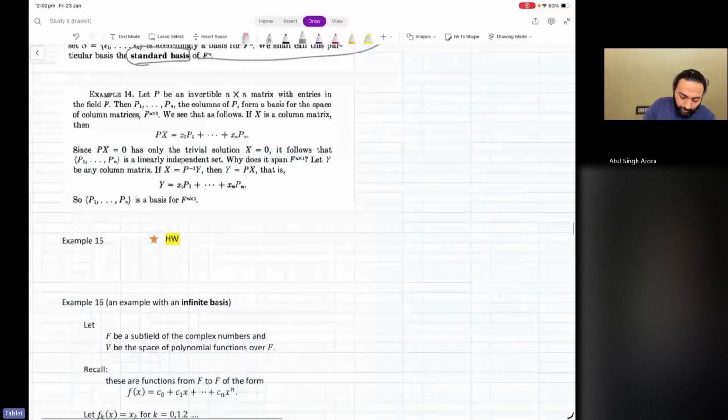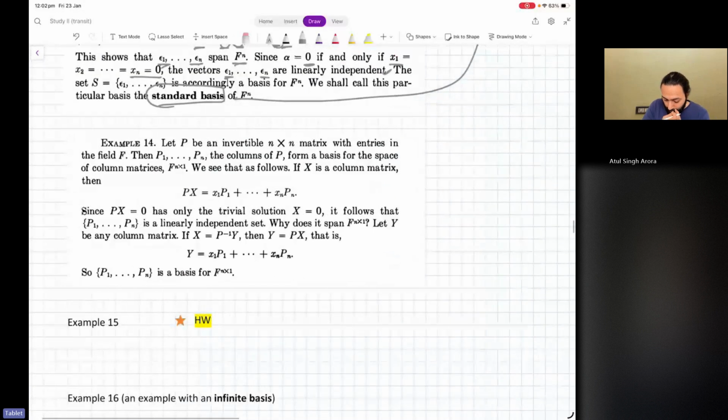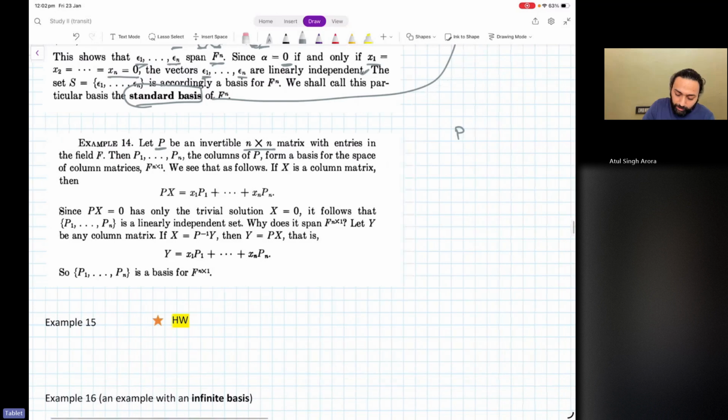All right, now let's look at example 14. Example 14 starts getting a little bit more interesting. Example 14 says that let P be an invertible n cross n matrix. So we have a matrix P with some entries. It has n rows and n columns in some field F. And let P1 to Pn be the columns of this matrix.